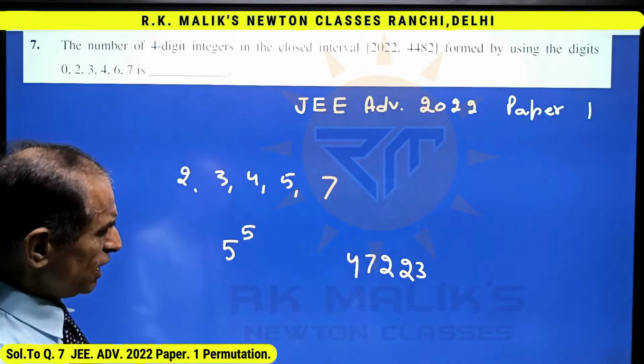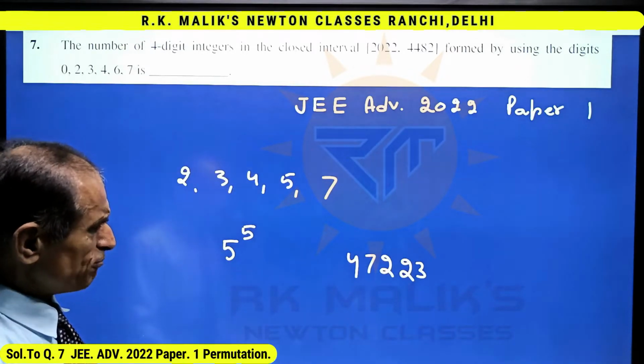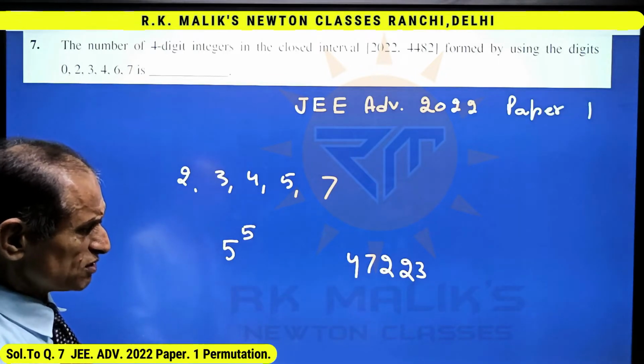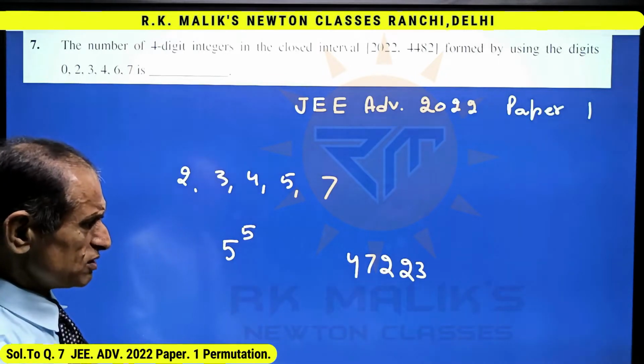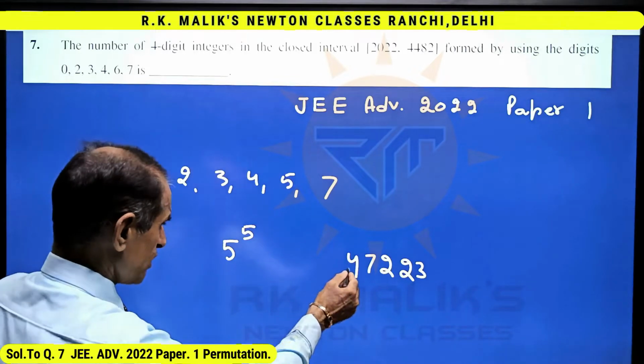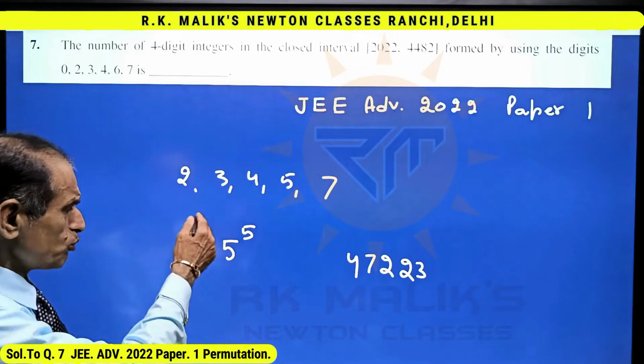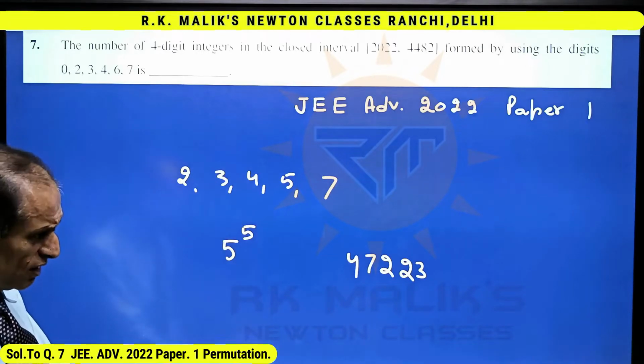Note that I have supposed that I have made 5-digit numbers and repetition of digits is allowed, and my question is to find the rank of this if I arrange those 5 to the power 5 numbers in increasing order.